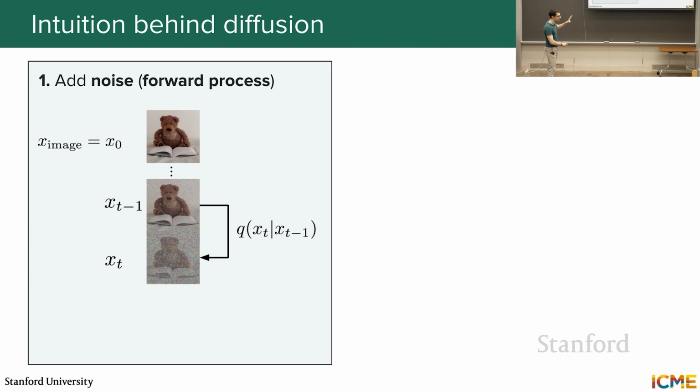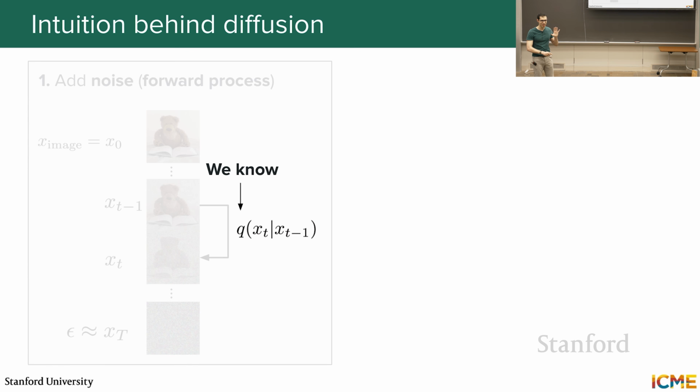So here you have some process that you define that goes from some image x_{t-1} and then produces an image x_t by adding some noise. So again, this is a process that you define. So you know what Q is in the forward process.